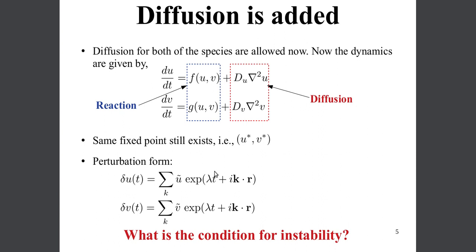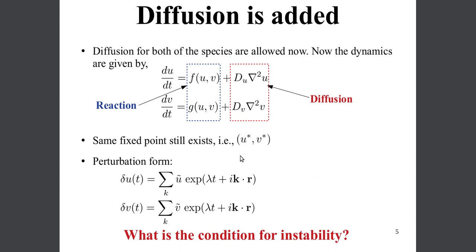Lambda is basically the eigenvalue of the Jacobian, as I discussed in the previous part. If it is positive, the perturbation will grow, that means unstable, and if it is negative, the perturbation will decay and it will be stable. And i k dot r is basically the spatial dependence in Fourier transform mode, just the Fourier transform of that part.